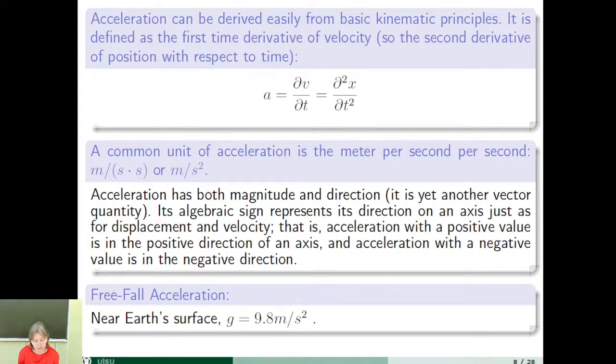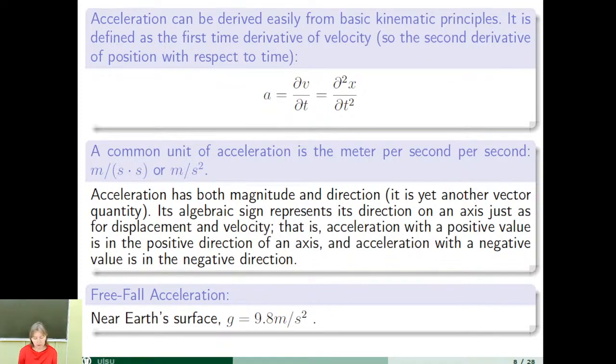And then, when a particle's velocity changes, the particle is said to undergo acceleration. For motion along an axis, the average acceleration over a time interval delta t is delta v divided by delta t, where the particle has velocity v1 at time t1, and then velocity v2 at time t2.